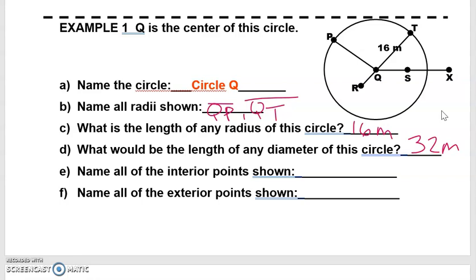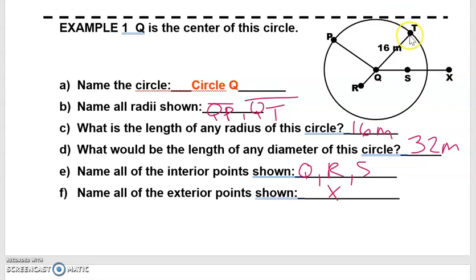Name all of the interior points shown. Okay, well, Q, we know it's in the center, so it's inside. R is inside. S is inside. And that's it. Okay, name all the exterior points. X is outside. And that's it.